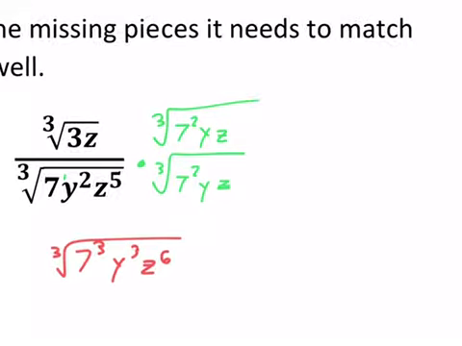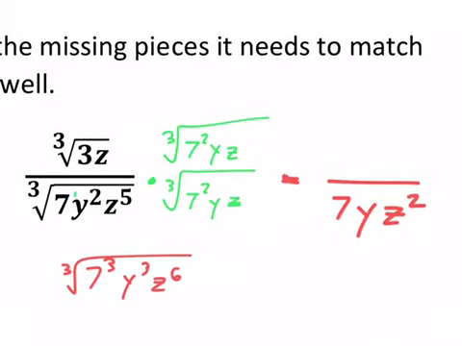What's going to come out in the denominator is a little different than what we've seen so far. 7 makes it out once, the y makes it out once, the z makes it out twice, because it's to the 6th power. And then up top, we've got 7 squared is 49. So then we'll have to do 49 times 3, which would be 147. And then we have y, z squared, all of that under the cube root there.